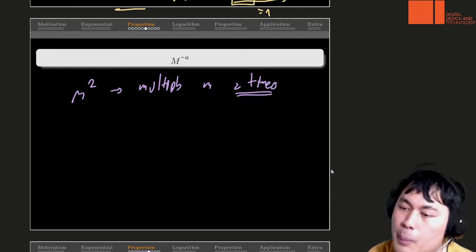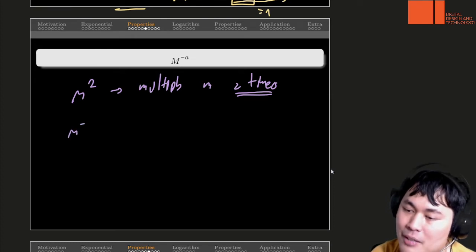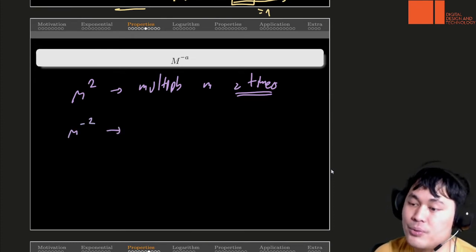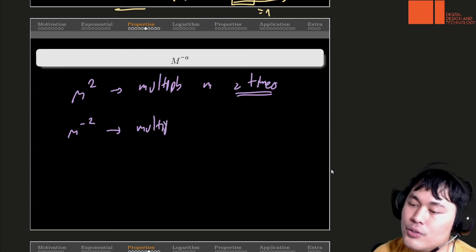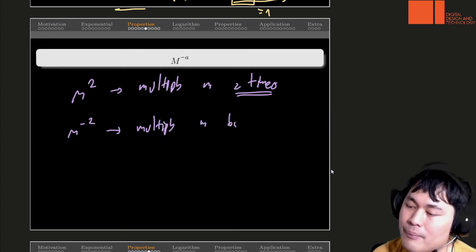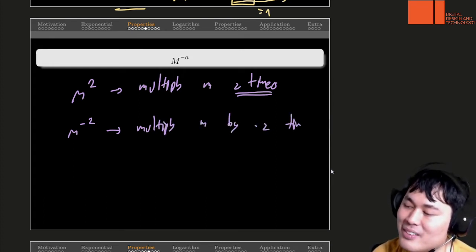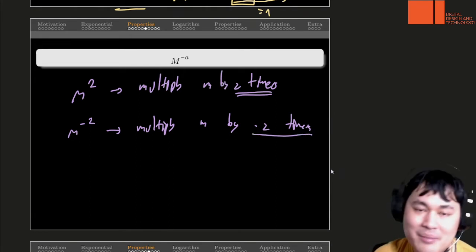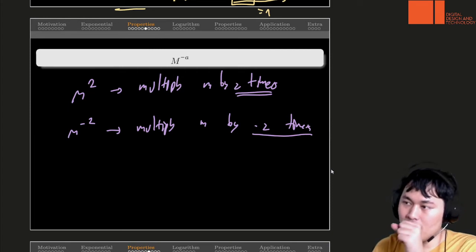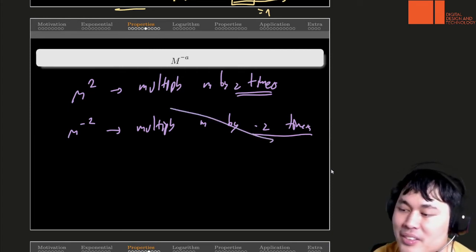But what is m to the power of minus 2? Do you multiply m by minus 2 times? That doesn't make sense, so it's not this one.